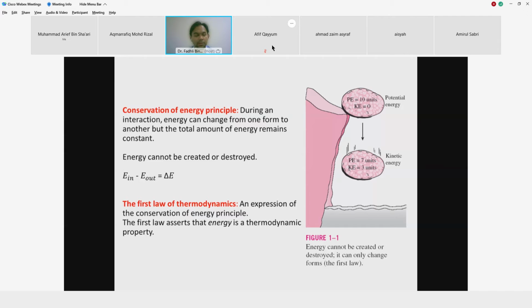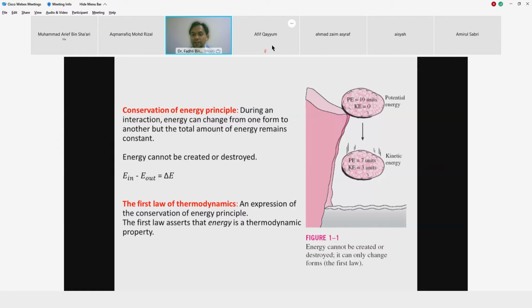Kamu pernah jumpa kan? mgh. So at first the height of the rock is maximum. That's why 10 units. Okay. Once the rock moves downward, the height becomes smaller than the previous height.